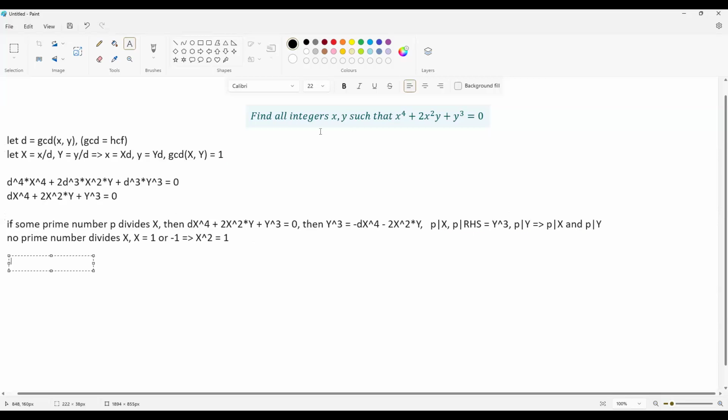Then we know d plus 2y plus y cubed is equal to 0, which means d is equal to negative y times y squared minus 2.